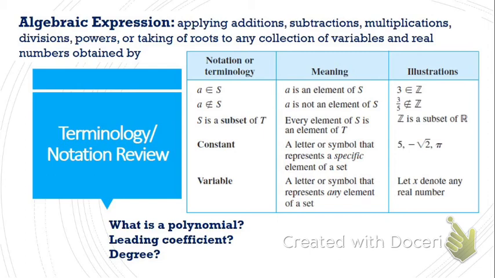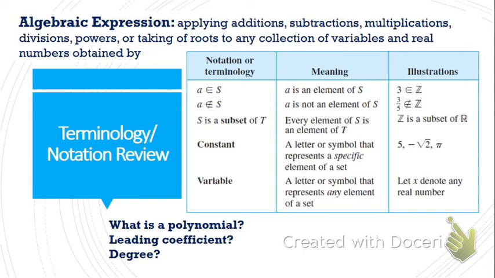If you see this, it kind of looks like an E, but if you wrote an E by writing a C first and then sticking a line in the middle, this is saying that A is an element of S. If you put a slash through it, it means it is not an element. S is a subset of T. To be an element of something, all of you guys are an element of my dual credit pre-calculus class.